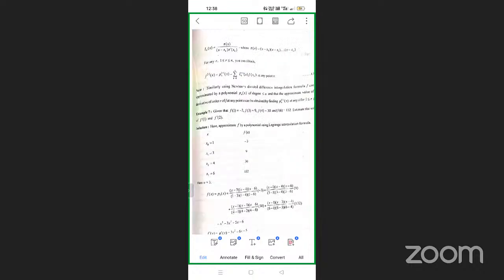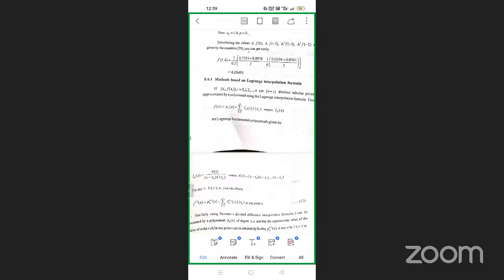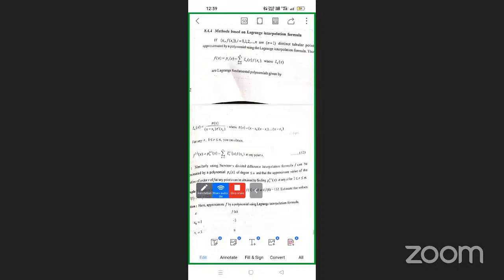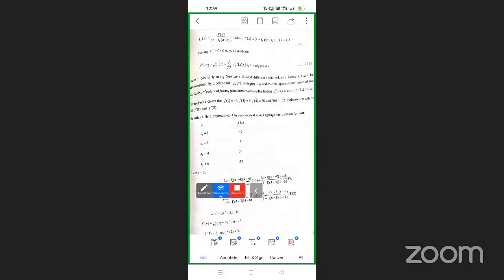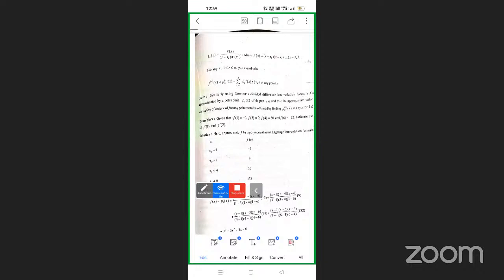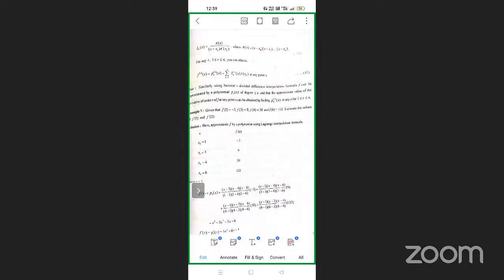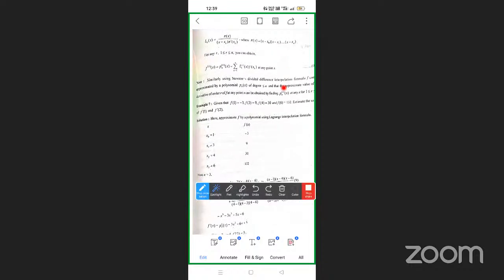So next, Lagrange's interpolation formula. This is a very, very important one. Methods based on Lagrange interpolation formula. In all the previous methods, the length of the interval is equal, that is, the difference between any two points is equal.